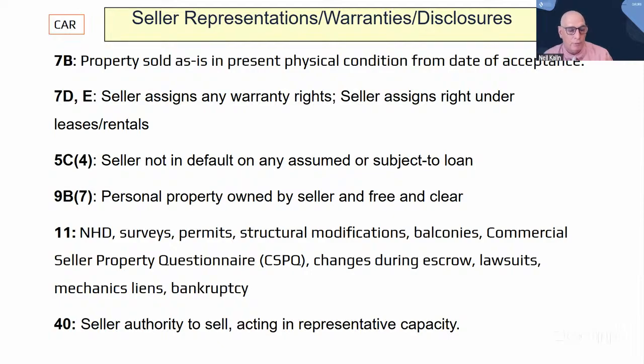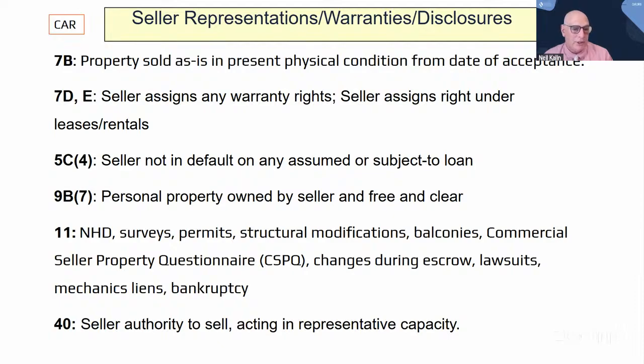So those of you who've had a residential transaction, you know that what's required by law is a real estate transfer disclosure statement, or the TDS. And CAR prepared a seller property questionnaire that we created on our own to have the seller provide additional information. That was the SPQ.